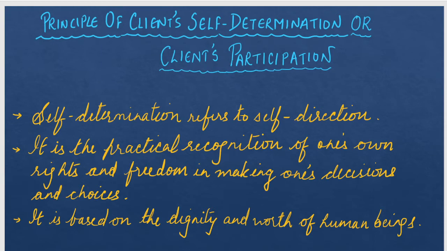So it becomes important that one should be aware of one's own rights, one's own freedom, where he is able to make his own choices, where he is able to make his own decisions without being influenced by the other. We can even say that self determination is based on the dignity and worth of human beings.